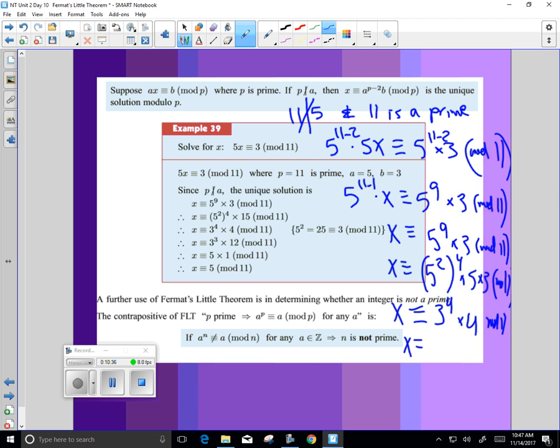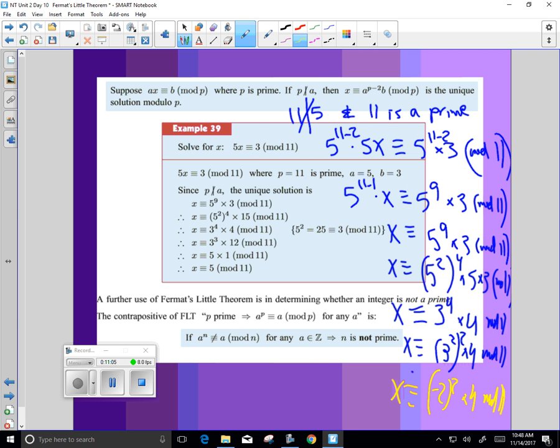Almost there. 81. I would even go 3 squared mod 11, because that's negative 2. It'll work the same, won't it? So this is going to be negative 2 squared times 4 mod 11.